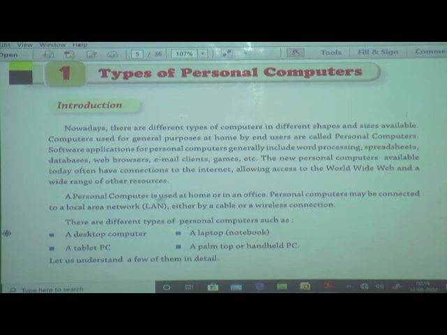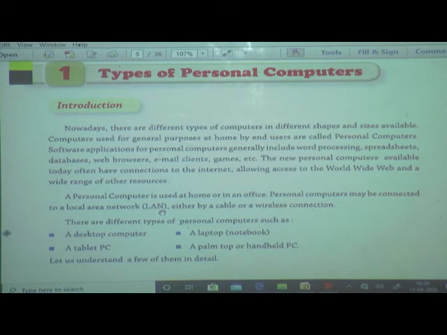A personal computer is used at home or in an office. Where are personal computers used? At home or in the office. Personal computers may be connected to a local area network. LAN is the short form of local area network.